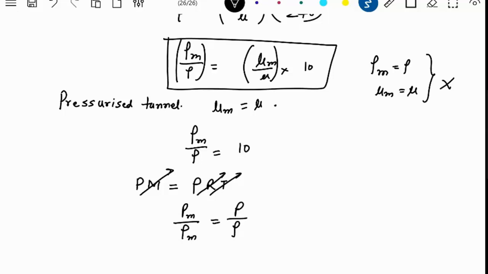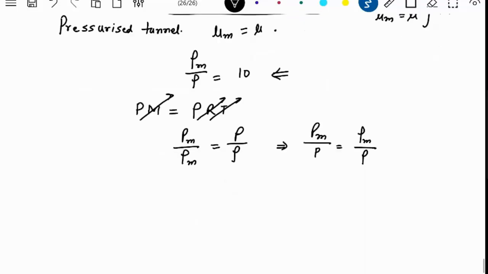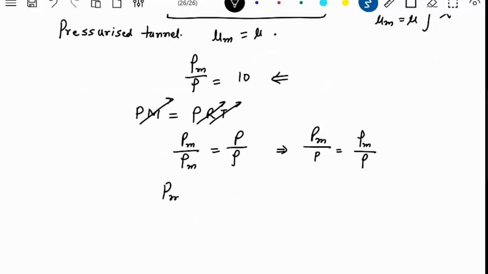From here I can write Pm by P is equals to rho m by rho. In this equation I can again plug, so Pm by P is equals to 10.